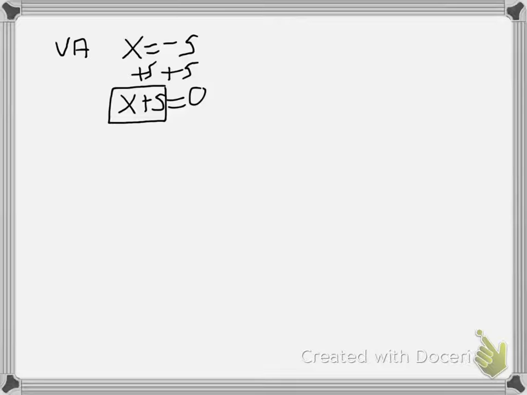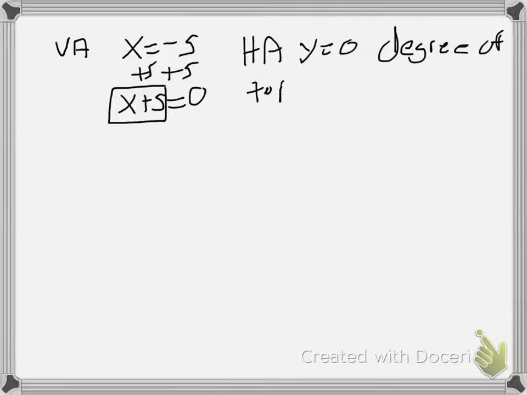Okay. Now, if the horizontal asymptote is y equals 0, that means the degree of the top is less than the degree of the bottom.